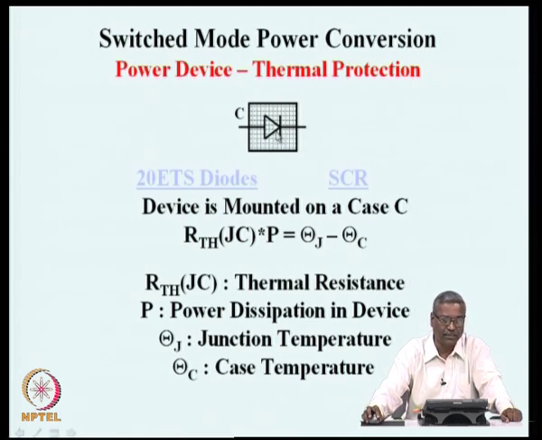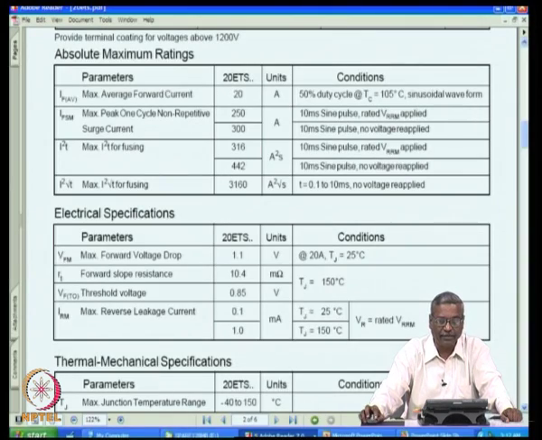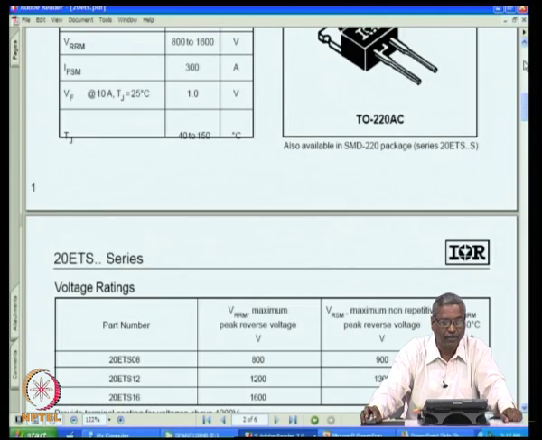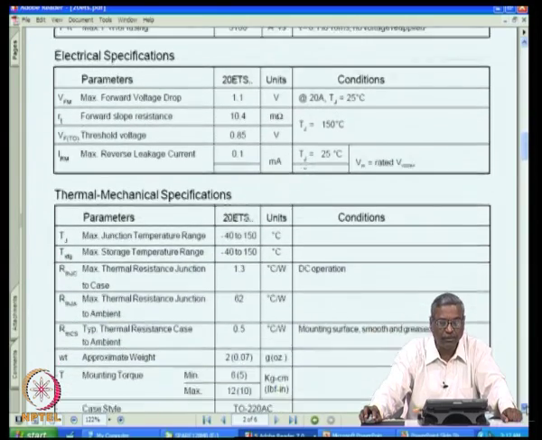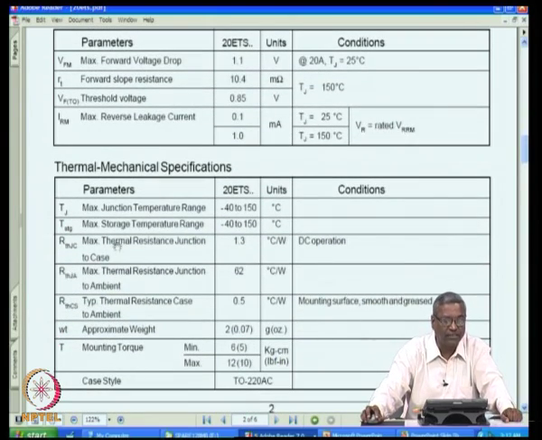In such cases, the data sheets again will tell us some quantity which is known as thermal resistance of the device. For example, let me see this diode. This diode has thermal resistance of junction to case, which is 1.3 degrees per watt.